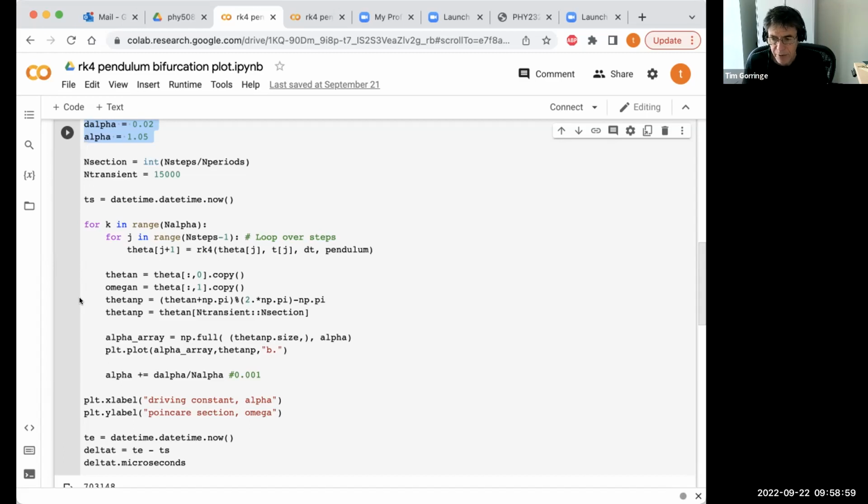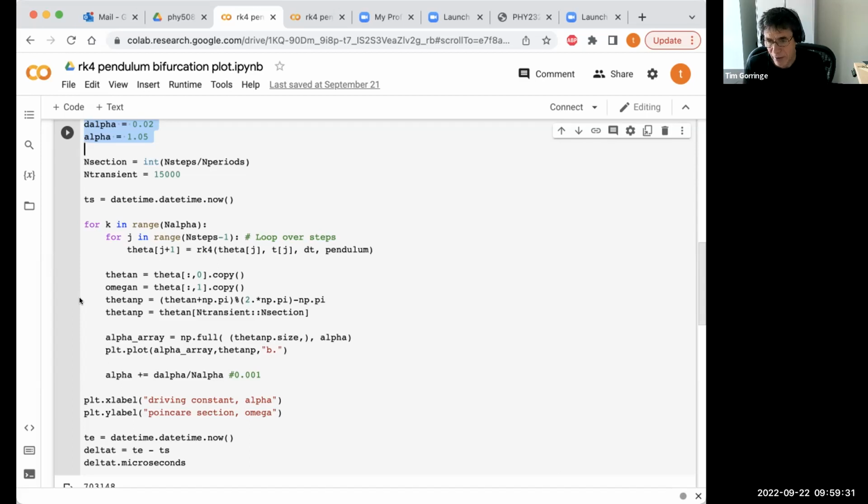To make the bifurcation plots, I redefine my theta to be in the range minus pi to plus pi. I redefine theta by taking the theta coordinate, dividing by 2 pi, and taking the remainder.